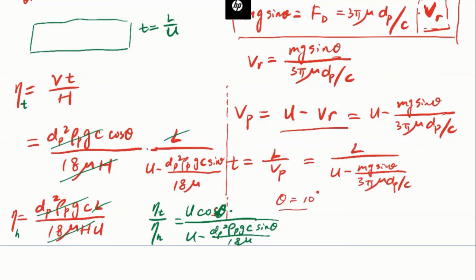Because theta is larger than 0, the cosine theta is going to be below 1. And if we look at this denominator here, because the sine theta is larger than 0, the denominator is going to be below u. It's going to be smaller than u. So both the numerator and denominator become smaller. So it's going to be difficult to tell.